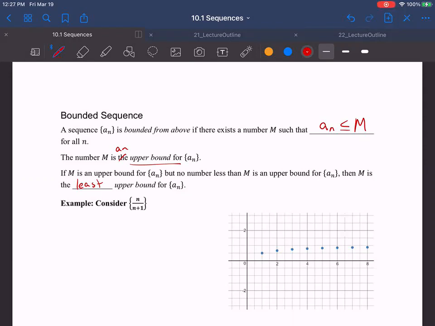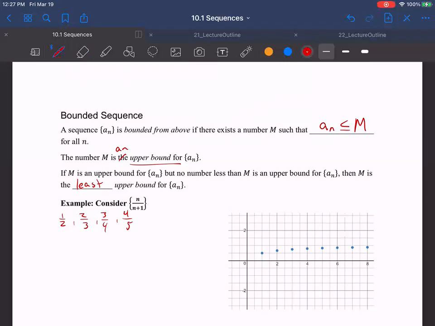So let's consider this example: n over n plus 1. As you look at this one, you start off with 1/2, 2/3, 3/4, 4/5, and we just keep going like that. When we do this, we're going to get closer and closer to what value? 1.